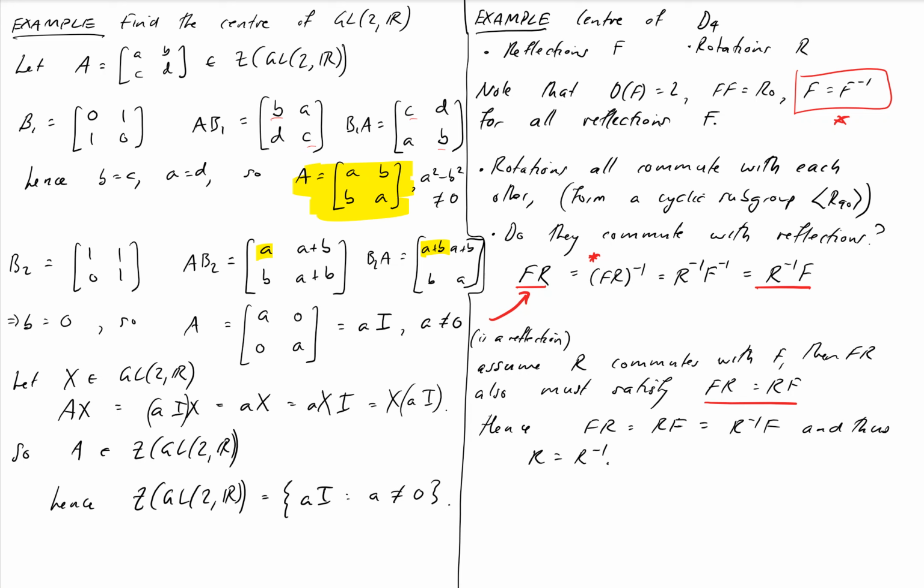Okay, so we've pretty much got everything we need now. So what can we conclude from this? Well, no reflection commutes with all the rotations, okay? They only satisfy the R equals R inverse ones. So no reflection commutes with all rotations.